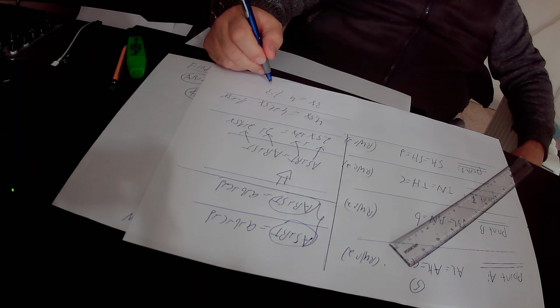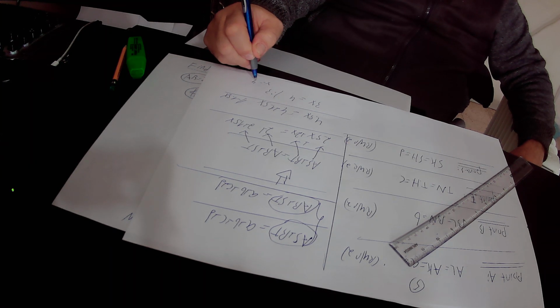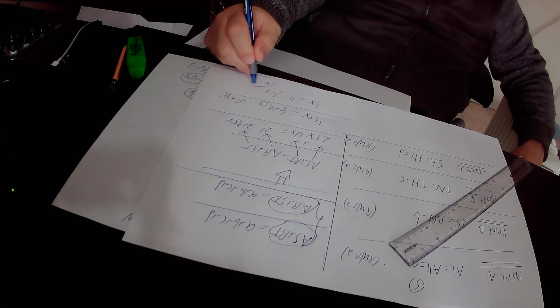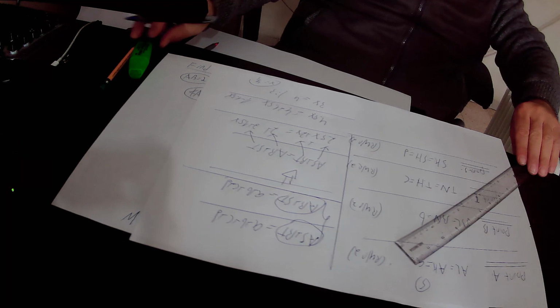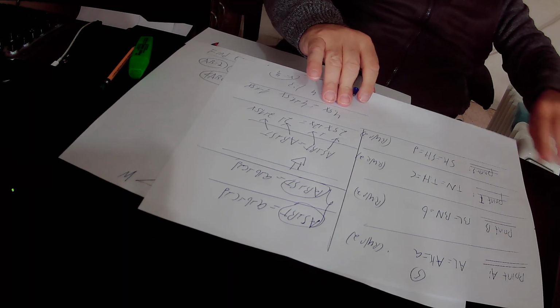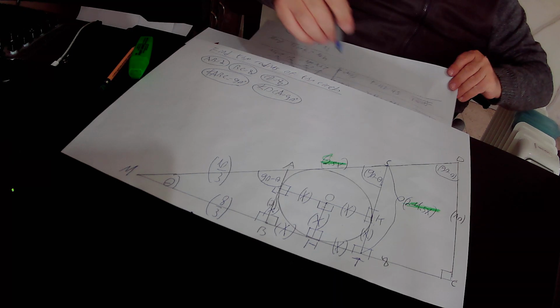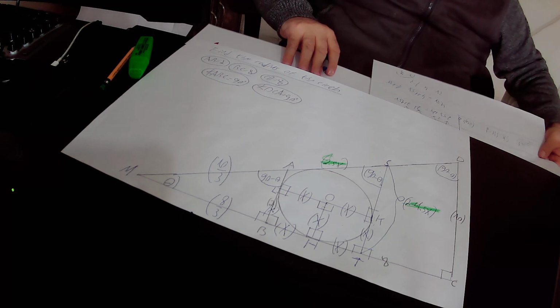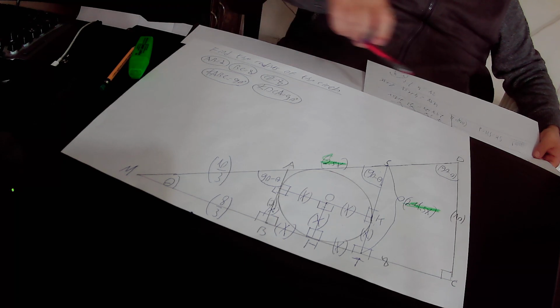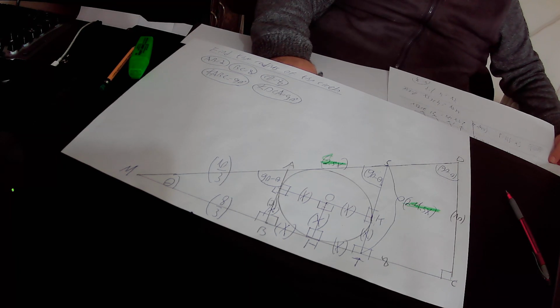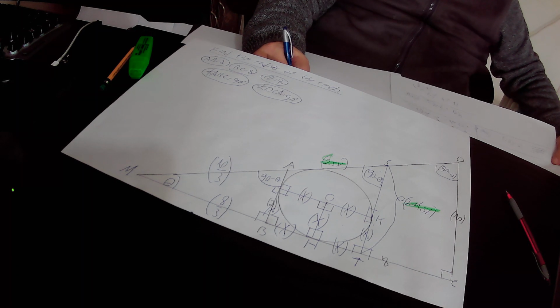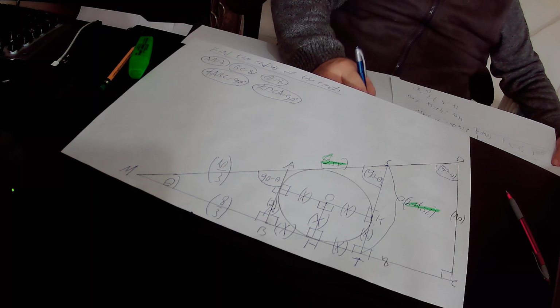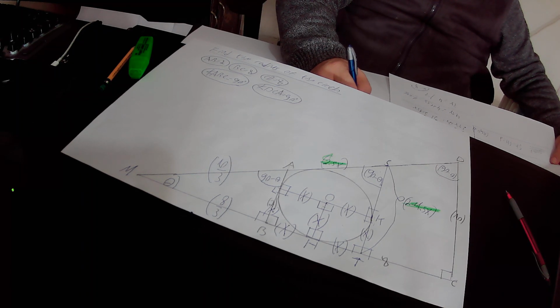And finally we get that x equals 4 over 3 units. So here the radius of this circle x equals 4 over 3 units. So I write it down. The radius x of our circle equals 4 over 3 units.